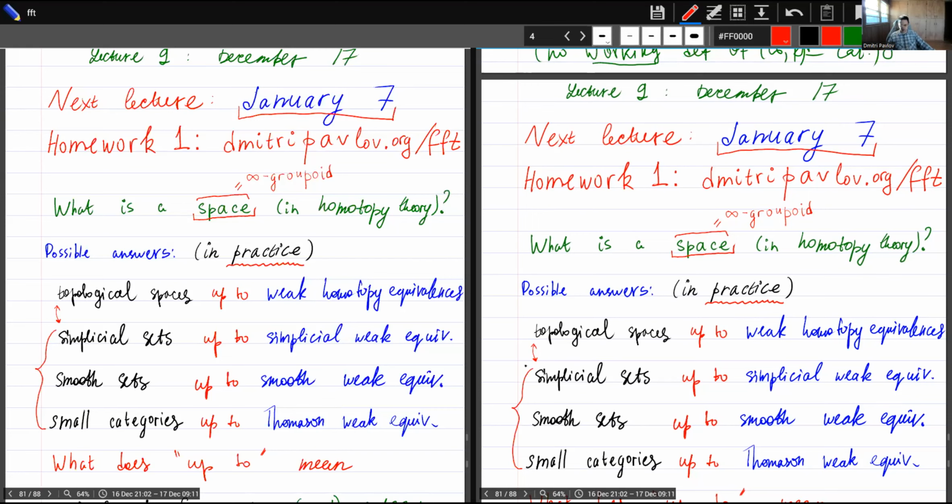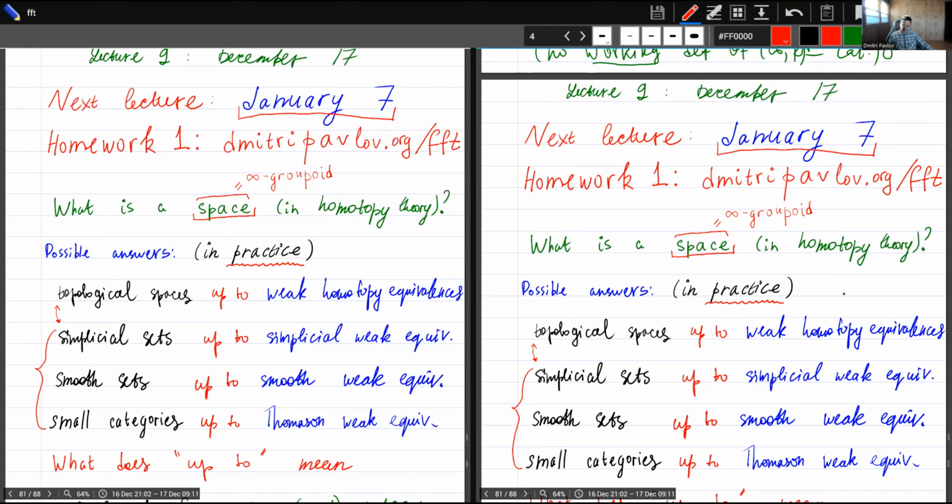We'll see simplicial sets and smooth sets basically used directly in the definition of a functorial field theory, and small categories will appear in the proof of the geometric cobordism hypothesis if we ever get to it. And they will also appear in some complications of some examples, by the way.